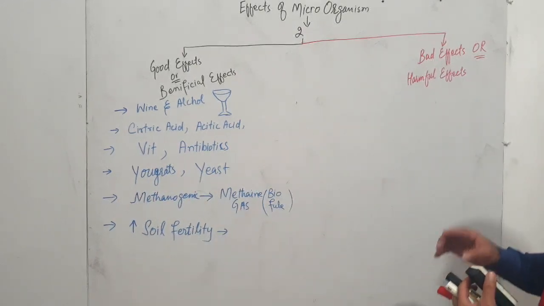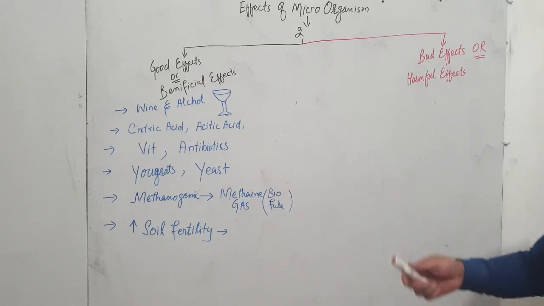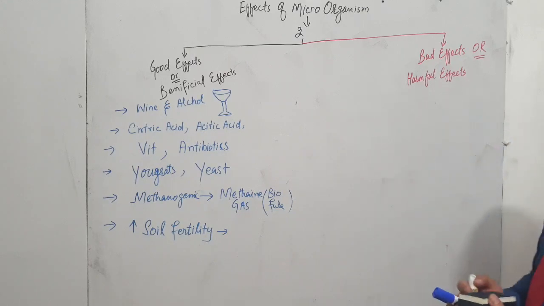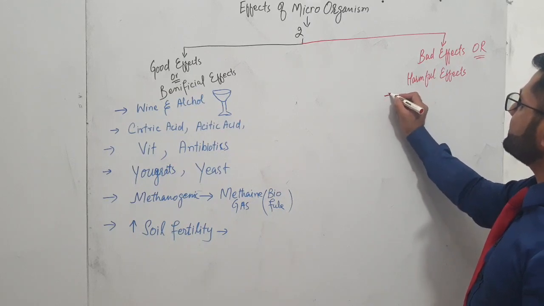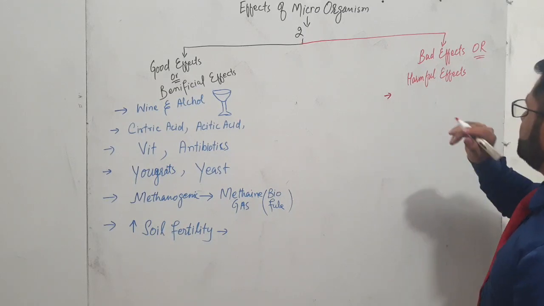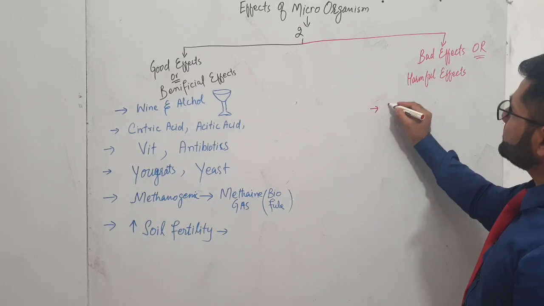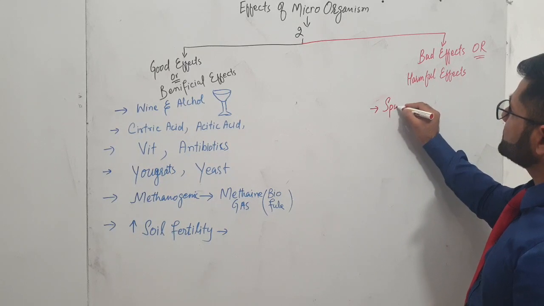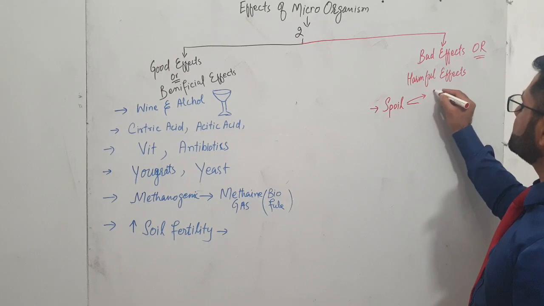soil fertility. Clear? Now, as microorganisms have good effects, they also have bad effects. What are the bad effects of microorganisms? They spoil food and water.